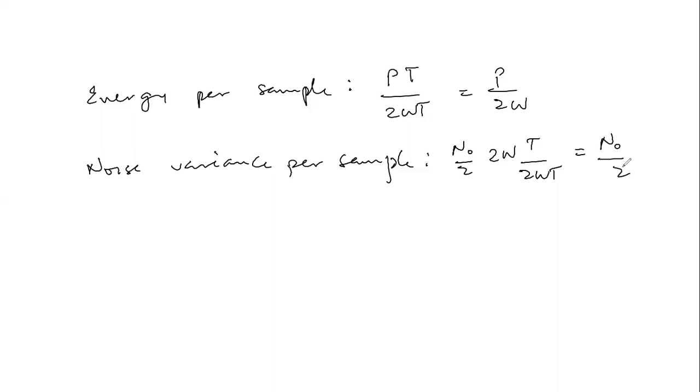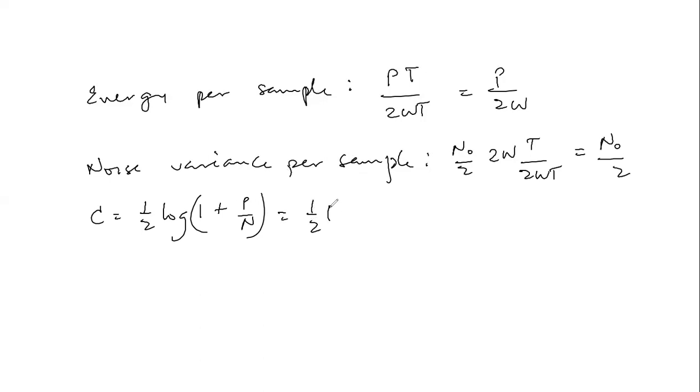So now recall that the channel capacity of the Gaussian channel, as we already showed, is the same as half log 1 plus P over N, right? So if we plug in the energy per sample and the noise variance, what do we get?